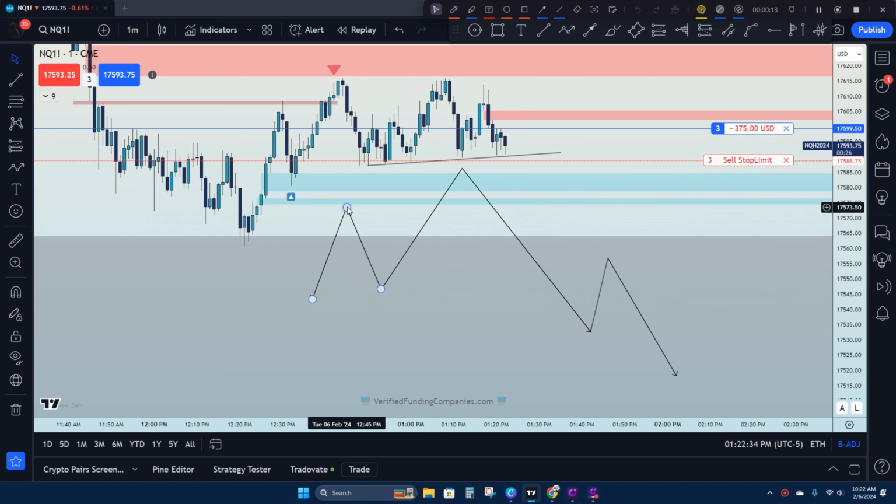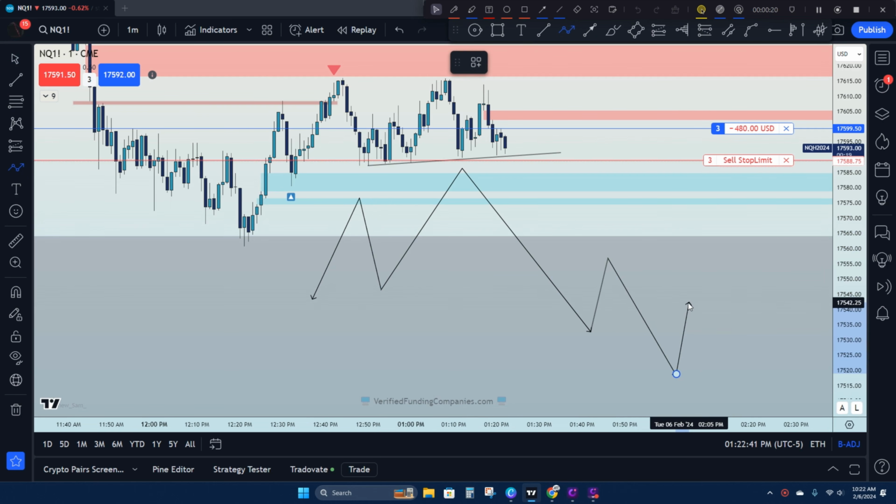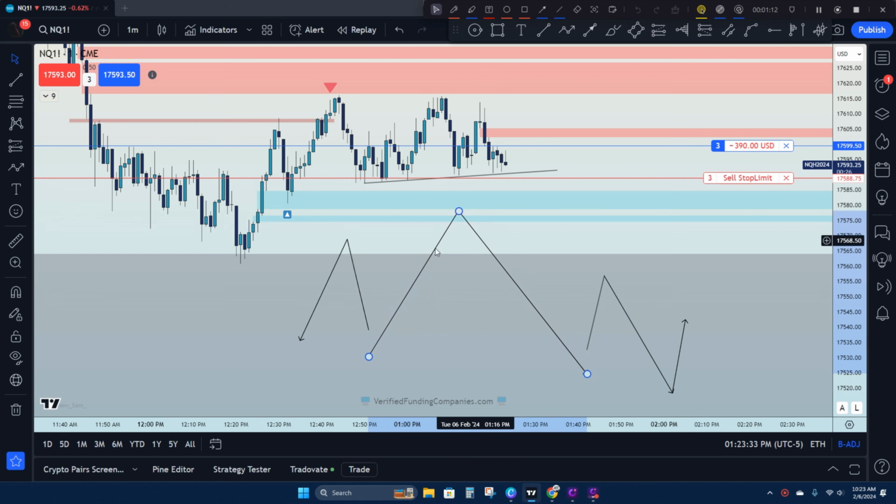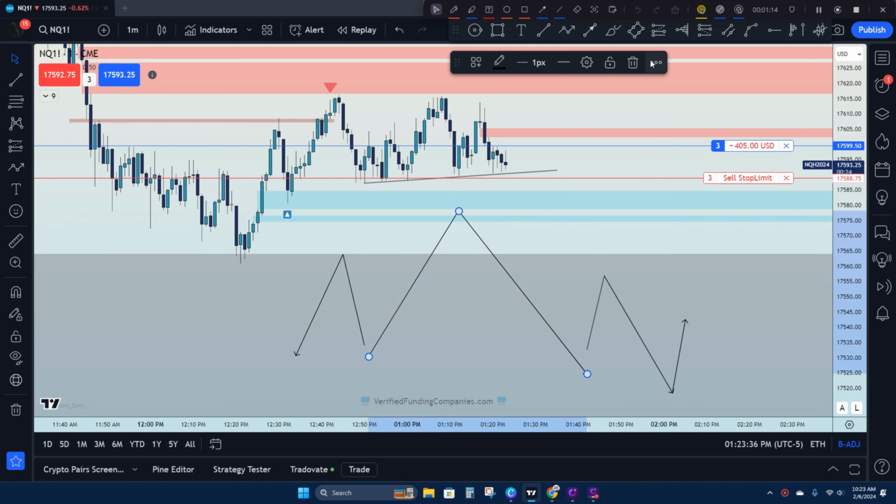Without it, it's going to leave you missing a major concept in the foundation of understanding ICT concepts at a high level, because you can have higher highs and lower lows inside of a higher high and a lower low. So the most outside higher high and lower low are going to be your external range liquidity. That is the simplest way I've come up with explaining it.